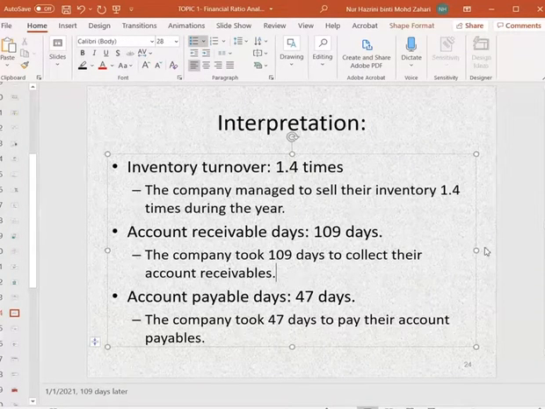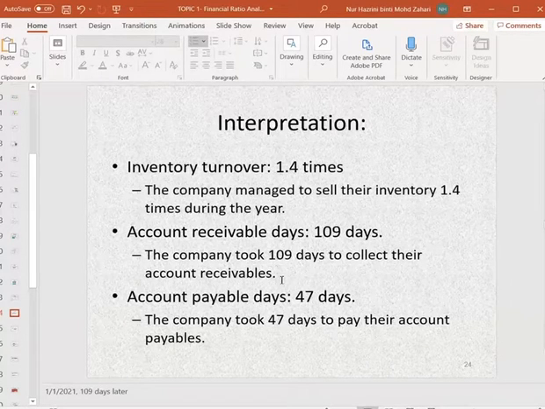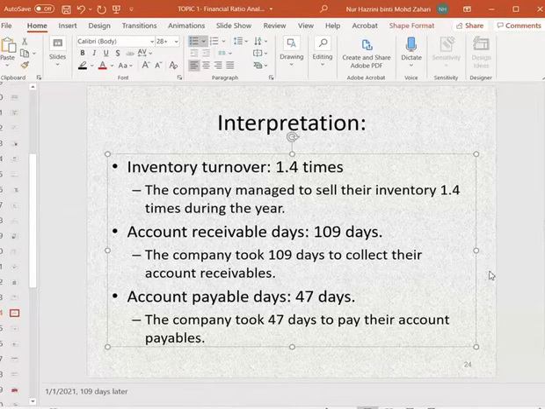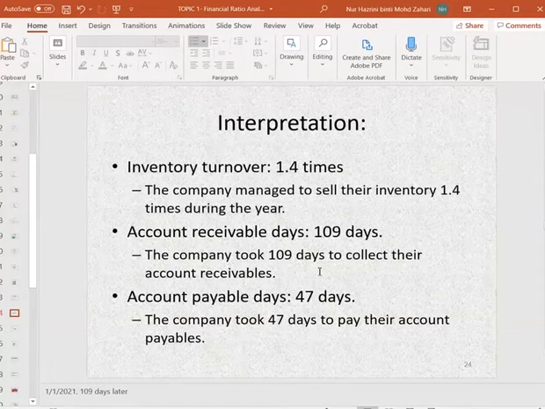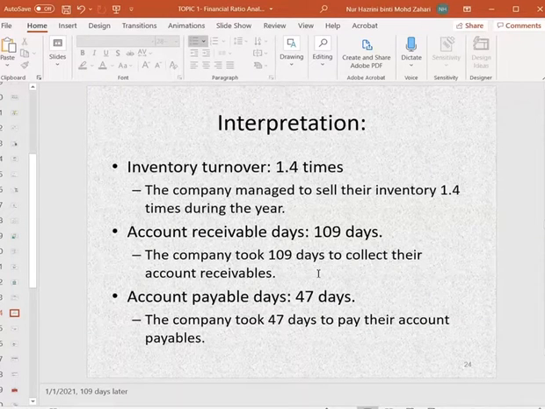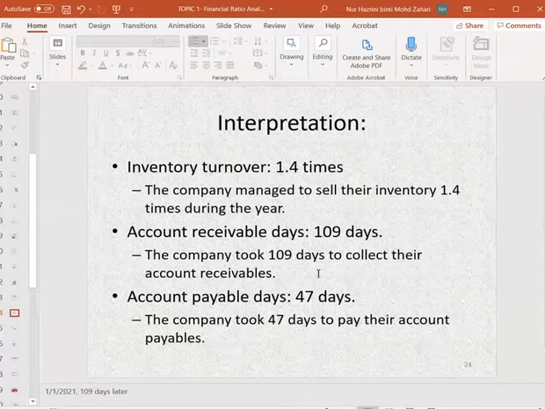Okay, so why is this ratio important? Because we want to know how quick you are in generating cash. When you collect the account receivable faster, it means you can generate the cash faster. You have cash faster. So for this one, the lower the better.